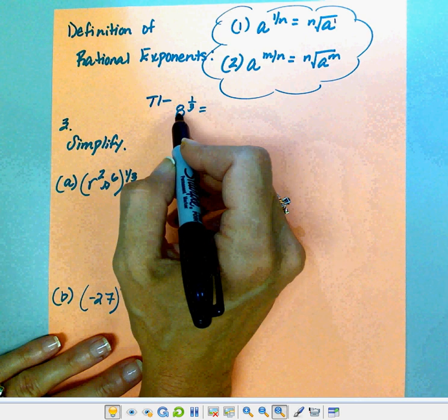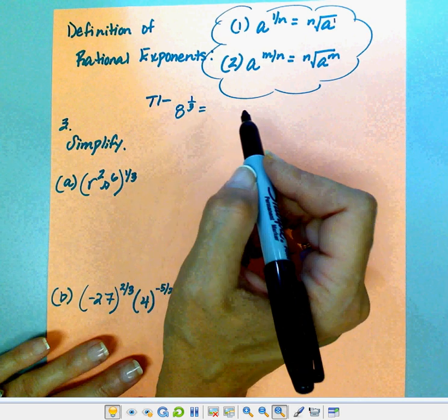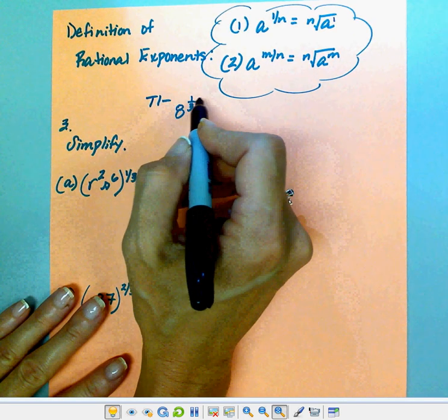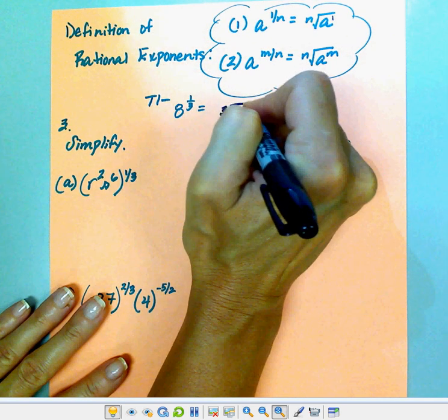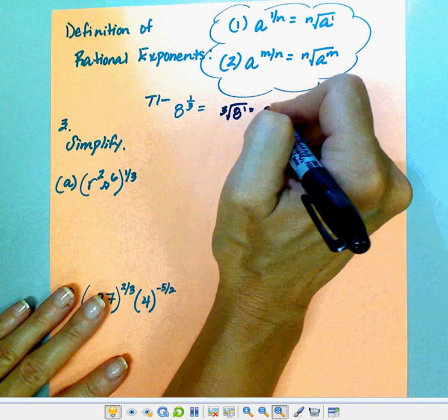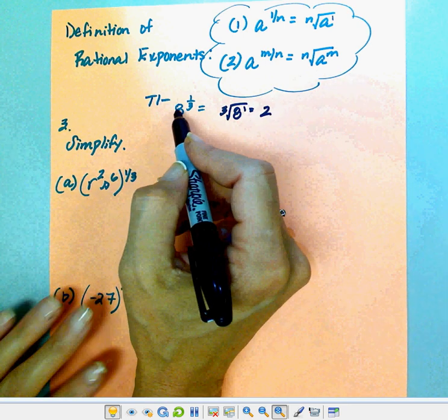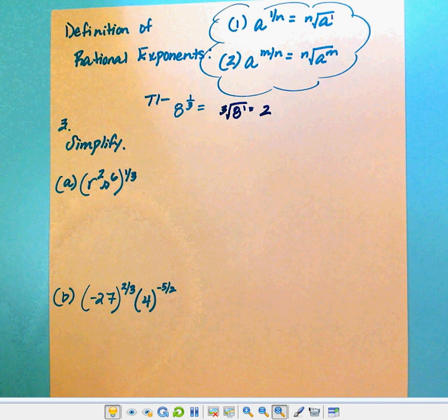So how would we do something like 8 to the 1/3 on the graphing calculator? Well, we could rewrite it as the cube root of 8 to the first, and we know the cube root of 8 is 2. Or how could we just take that rational exponent on our calculator? So again, let me pull out the TI.